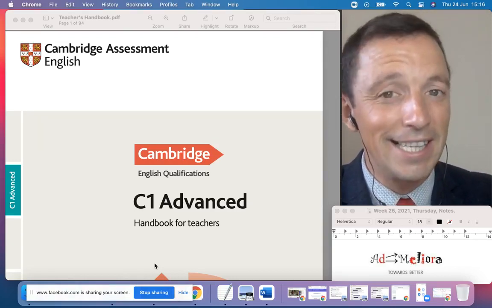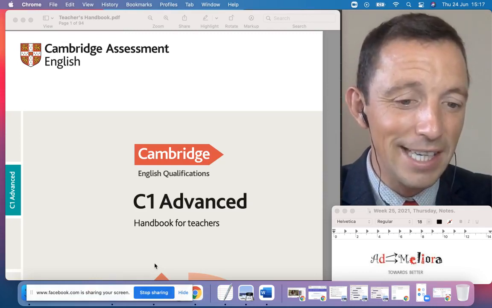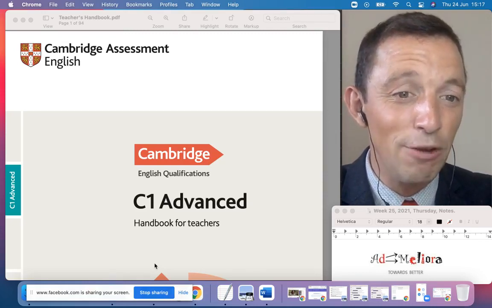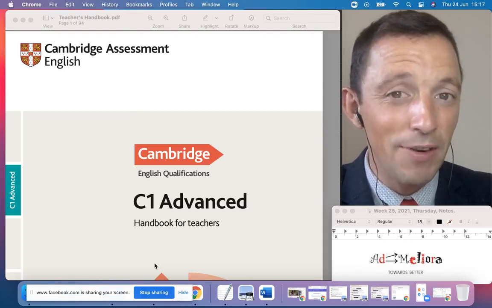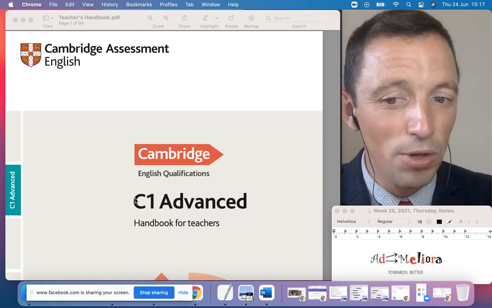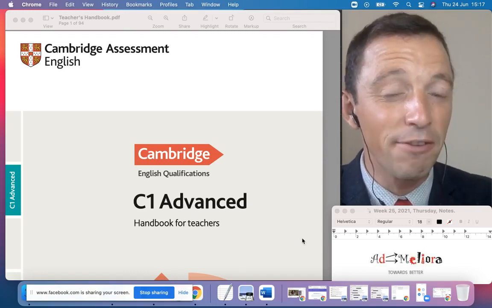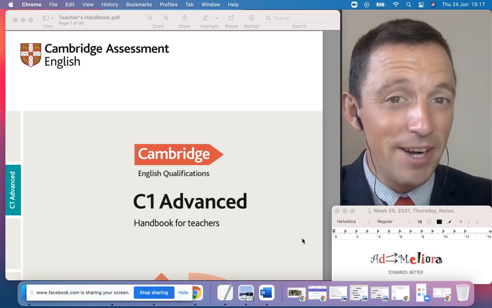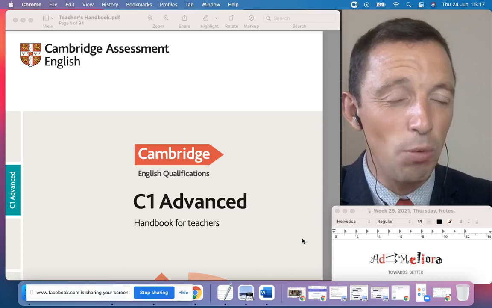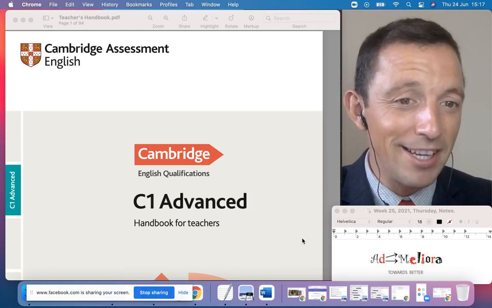So my idea again today is just to show you some material from the Cambridge advanced exam to try to make you familiar with the exam. And remember, there are different levels. This is C1, but remember there is a B2 level, which is called the first certificate, and luckily the exam is very similar compared to the C1. So the B2 and the C1 structures are very similar.